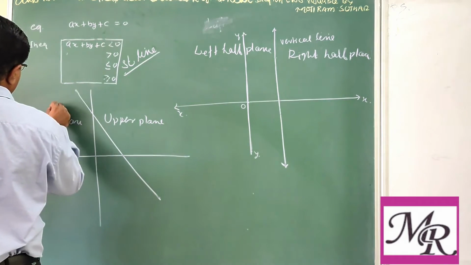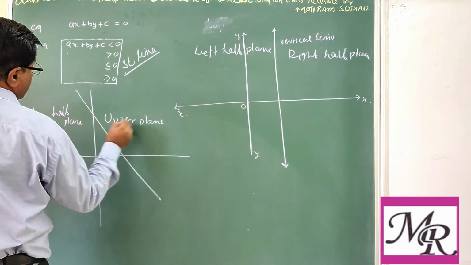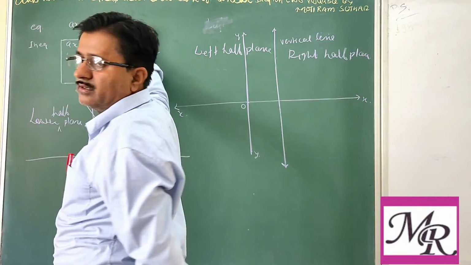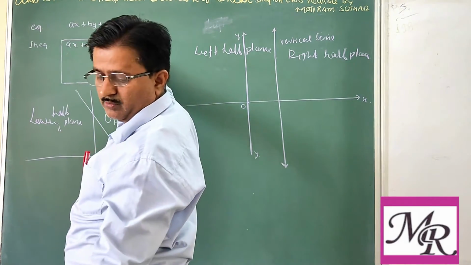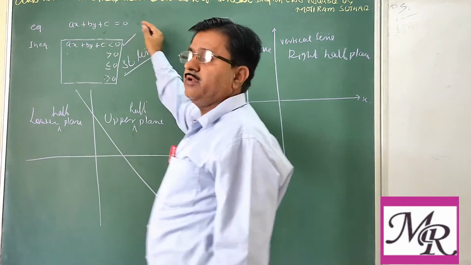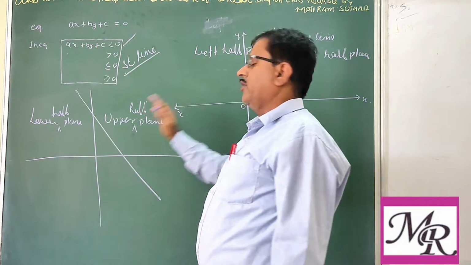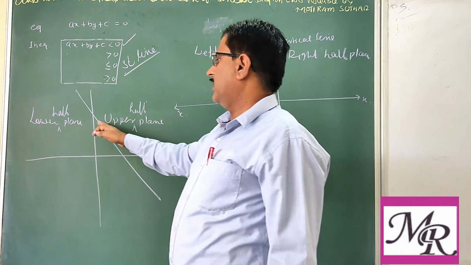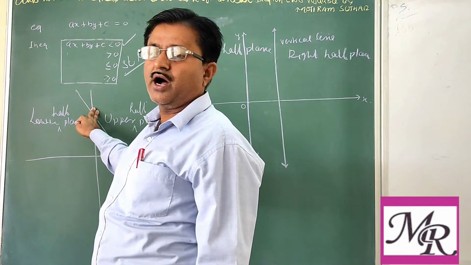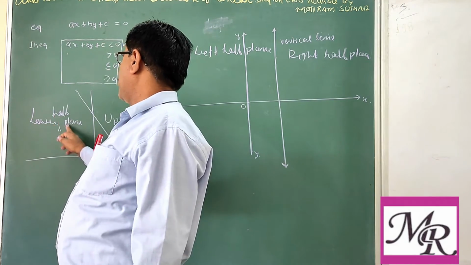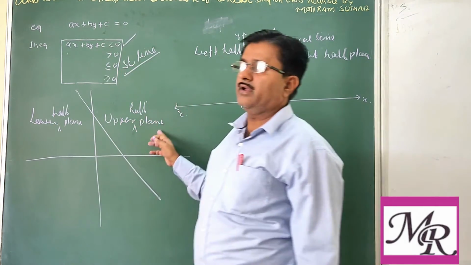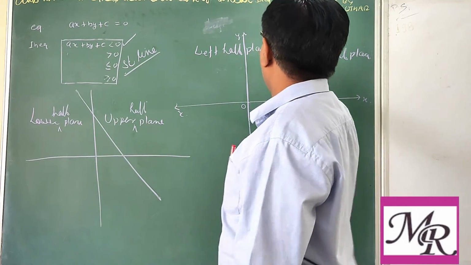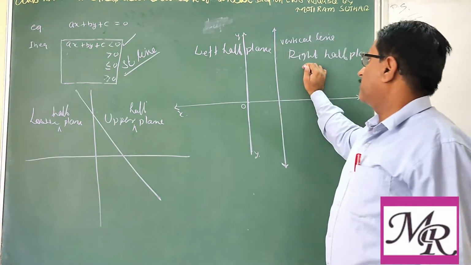Clear? So for any inequality, there will always be a line, which may be vertical or non-vertical. If it is non-vertical, then the plane will be divided into the lower half plane and the upper half plane. And if it is vertical, then we have the left half plane and the right half plane.